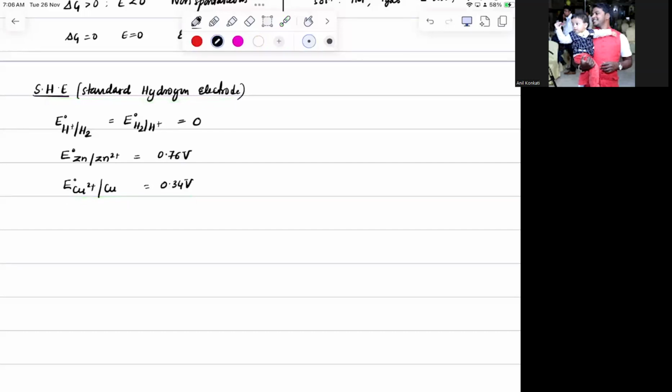So the reaction we expect here is zinc plus 2H+ giving Zn2+ plus H2. Here, the spontaneous reaction is copper 2+ plus H2 converting to 2H+ plus copper.